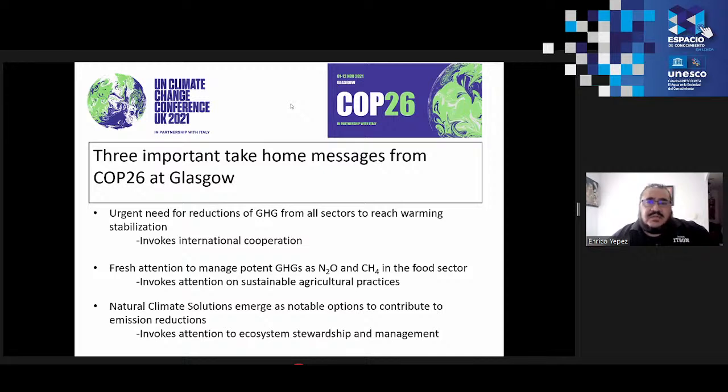This is important because it invokes international cooperation, which is what brings us here today. It has always been important to invoke international cooperation for these global issues. It's very difficult, as we've seen in several climate change scenarios, to work regionally in a globalized world to deal with global problems. So we need international cooperation at all times for these issues.